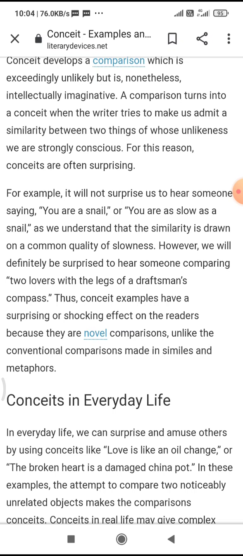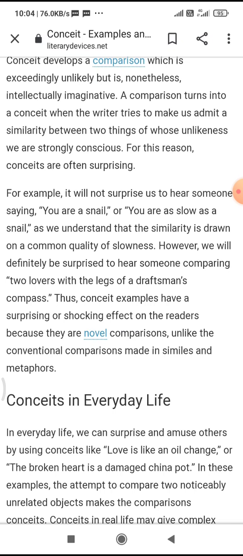Very surprising and very strange kind of comparison. So, this is conceit. Students, are you getting it? It is very simple: whenever we use strange comparisons between things which are entirely different, these are conceits. In these examples, the attempt to compare two noticeably unrelated objects makes the comparisons conceits.